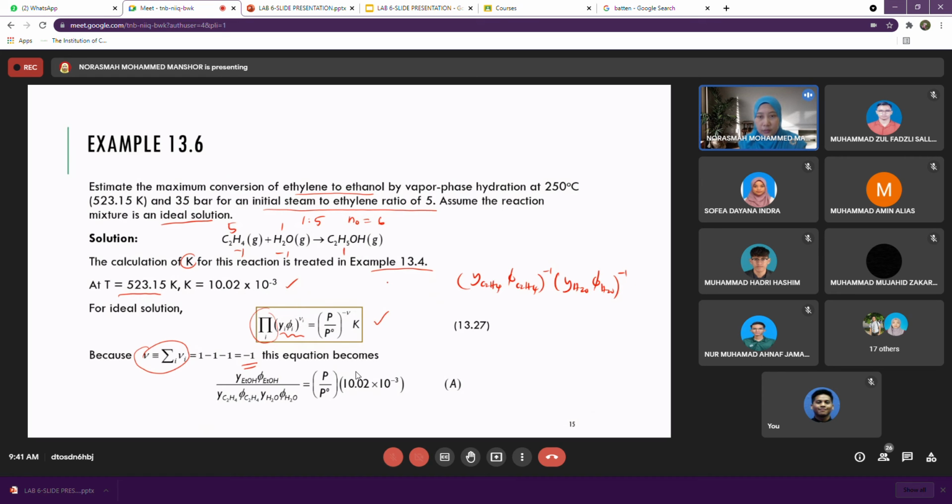Tak cukup pula. Okay, sini. Y C2H5OH and dia punya V C2H5OH. Yang ni masa 1. Okay, equal to P over P0 times K. Okay, yang ni so you susun yang ni dapat ni. Okay, faham ke? K sekarang yang ni. So dapat equation A. Boleh? Boleh. Boleh.